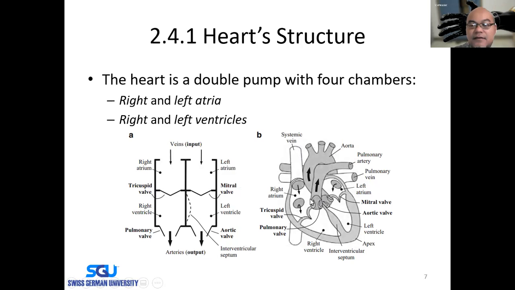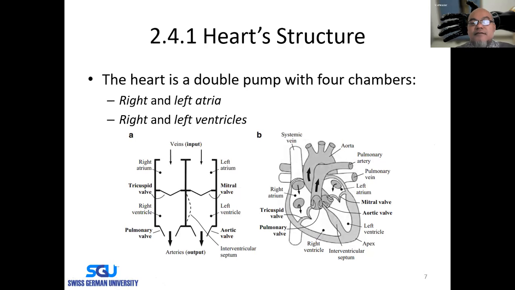Then from the right atrium, it goes through this tricuspid valve, which opens, and goes to the right ventricle before being pumped through the pulmonary valve into the pulmonary artery, and will go to the right and left lung, where the blood will exchange the gas with the surrounding atmosphere.